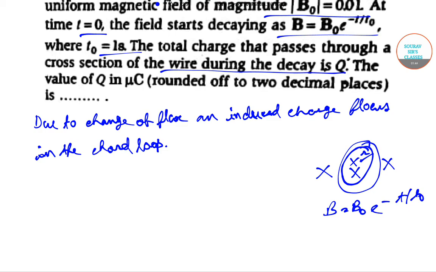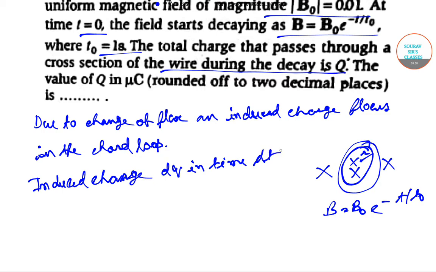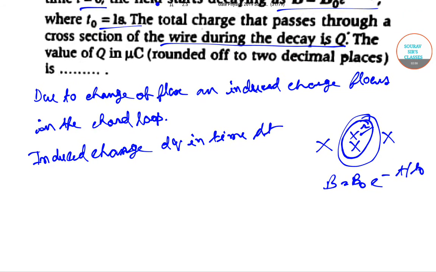So, induced charge dq in time dt is dq equals minus A by R dB by dt into dt.